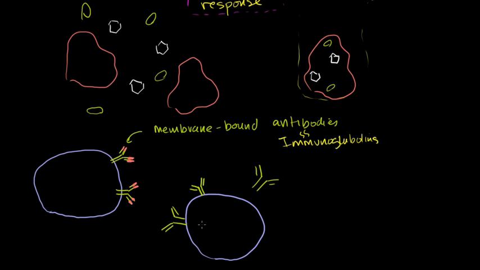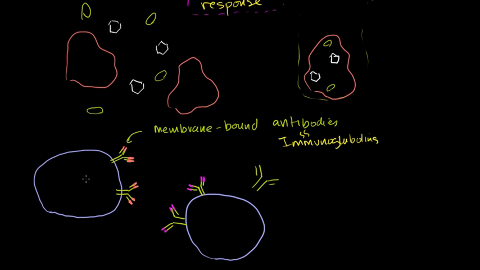Now, this different B cell is going to have different variable portions. So I'll do that in a different color. Maybe I'll do it in magenta. So his variable portions are going to be different. Now, he has 10,000 of these on his surface, and every one of these has the same variable portions, but they're all different from the variable portions on this B cell.